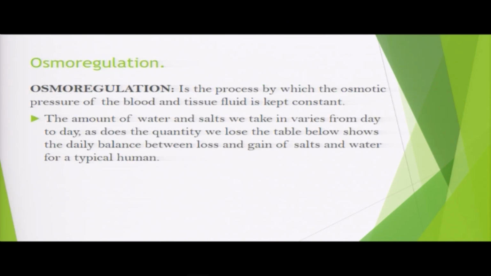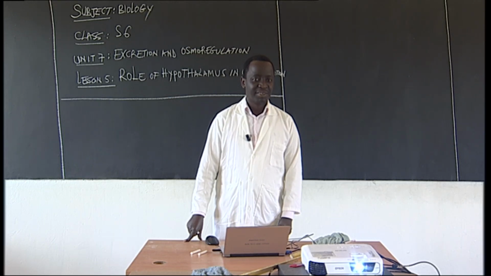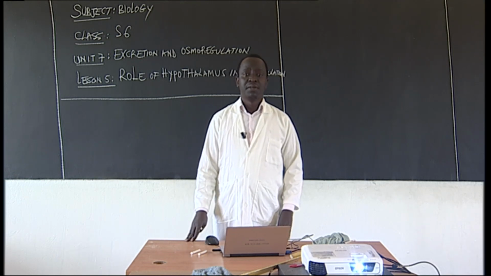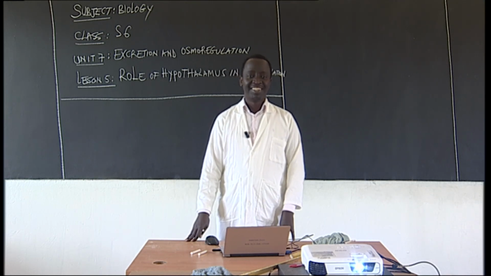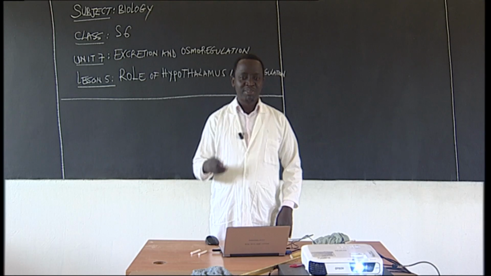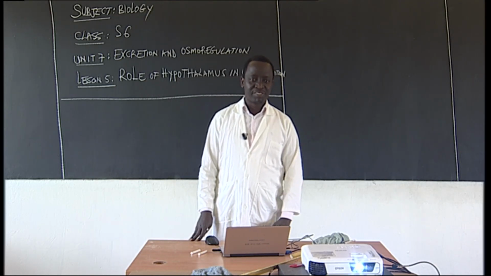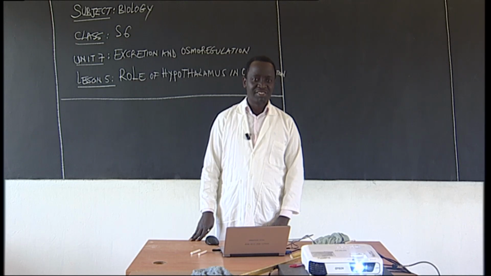Now, when we talk about osmoregulation, do you remember what you have seen last time? Who can remind us? Oh, I see someone who can try. Oh, nice. We have talked about urine formation.